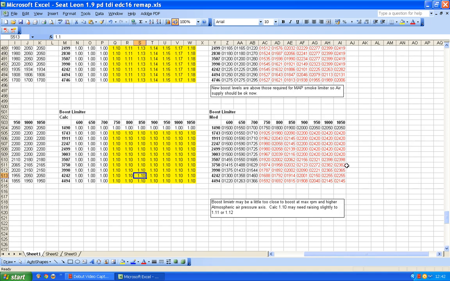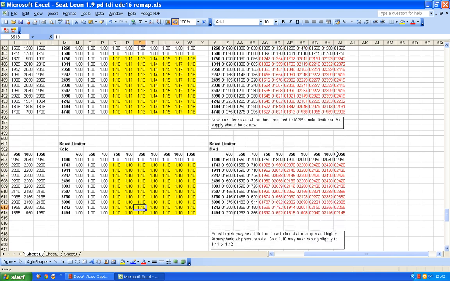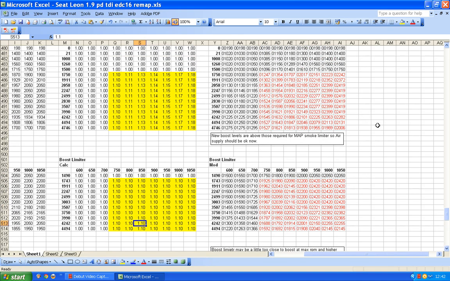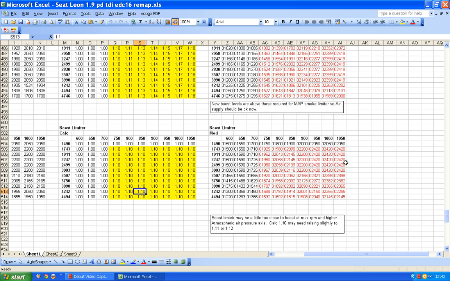So we're not looking at huge differences here. But these are the areas where we need to be looking, because we've already decided on possible boost increases here, and on this second boost map we're looking at 2419 probably as the high point.